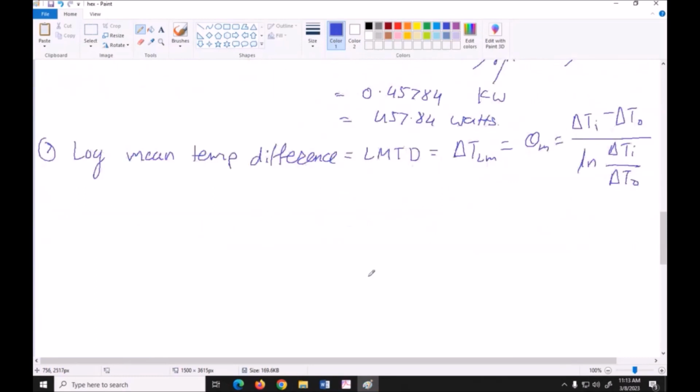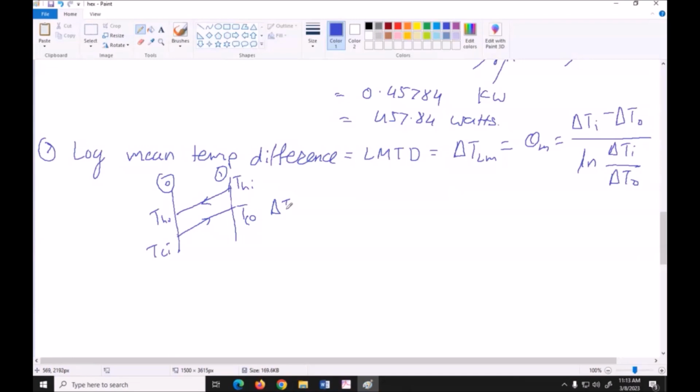Here the formula for counter flow and co-current flow is the same, but the answer will be different. How? For counter current: hot water, cold water, TCI, TCO, THI, and THO. This is inlet, and this is outlet.